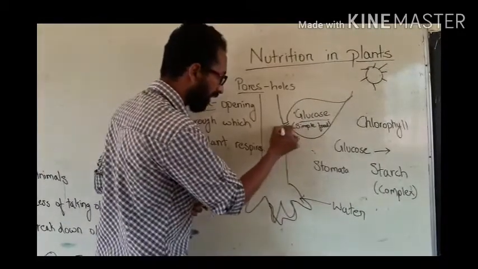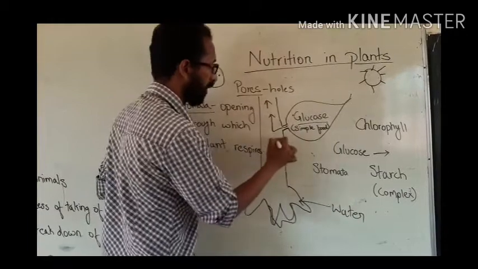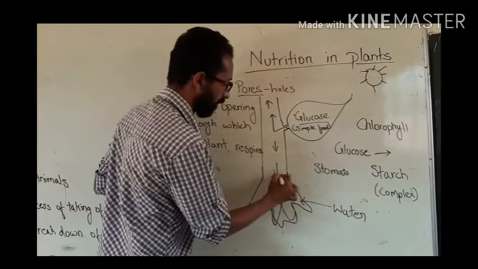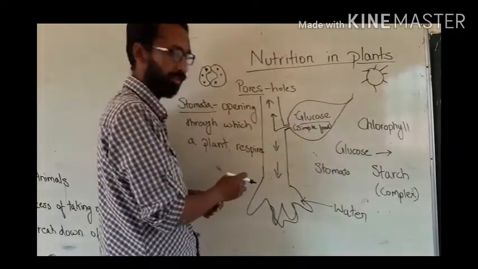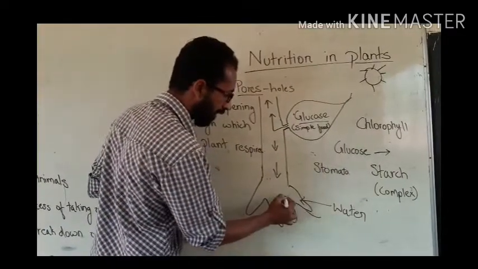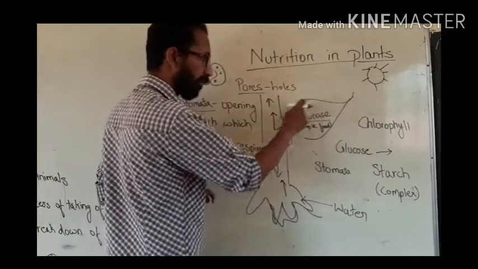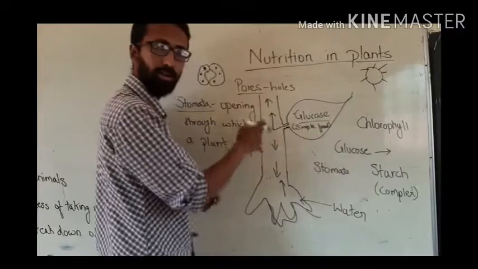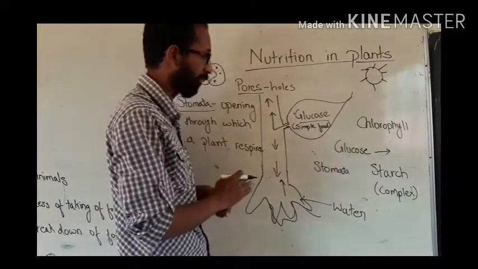This starch will be transported to different parts of the plant body from the leaves. So water is traveling from the roots and the food is traveling from the leaf to different parts of the body. I hope you understood the process till now.